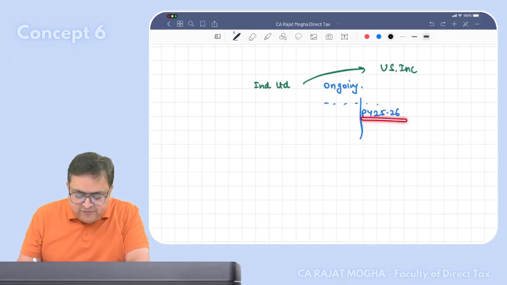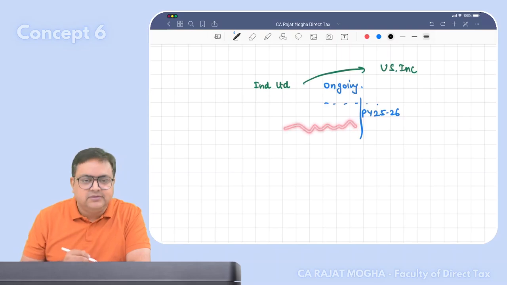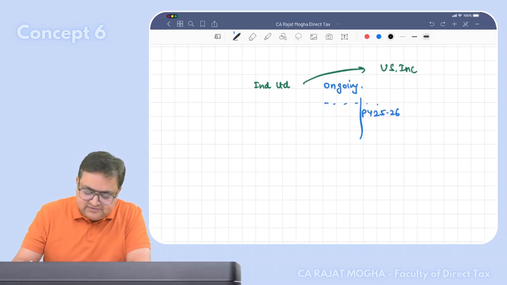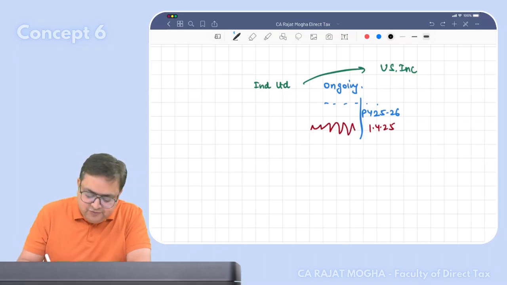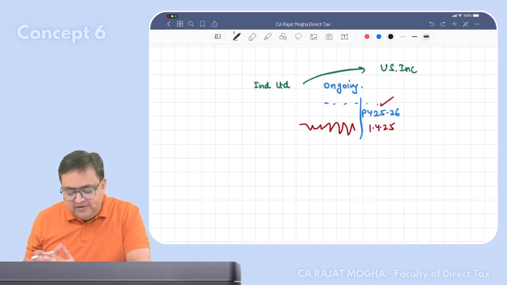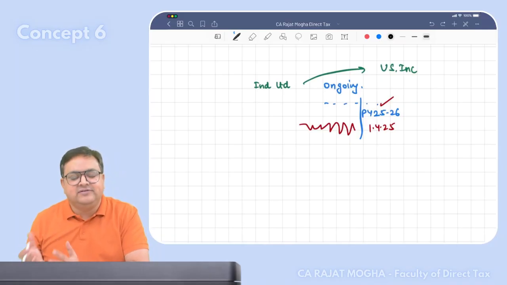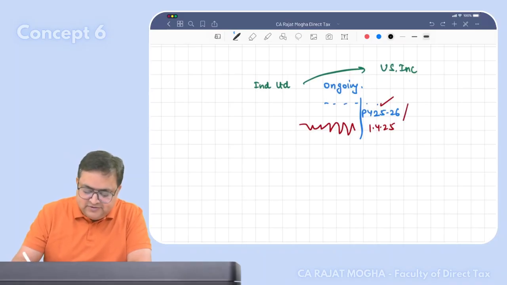From whichever year you want APA, please apply before that. This is 1st April 2025. So please apply before that if you want to take APA benefit from previous year 25-26, or I can say from assessment year 26-27. So previous year 25-26 is equal to assessment year 26-27.